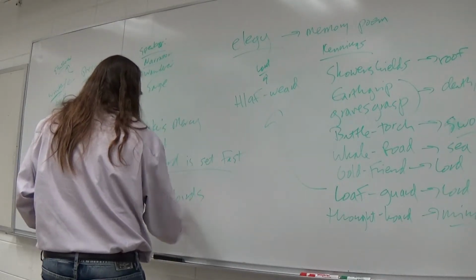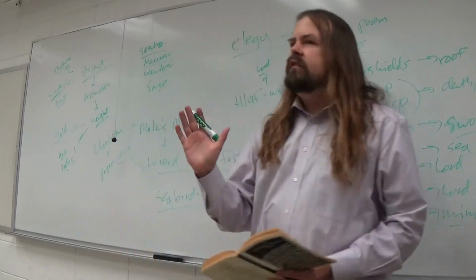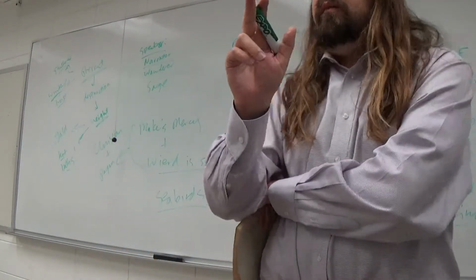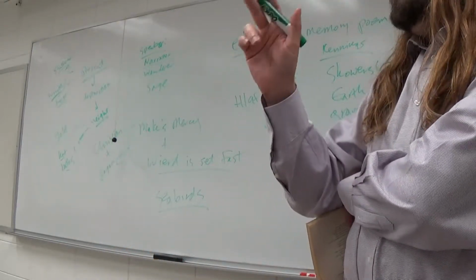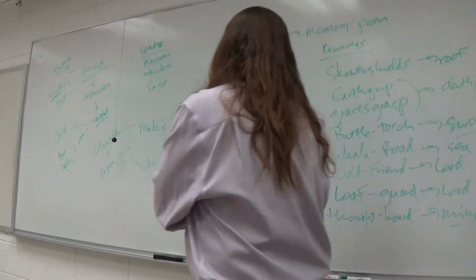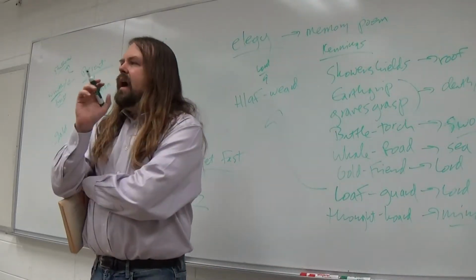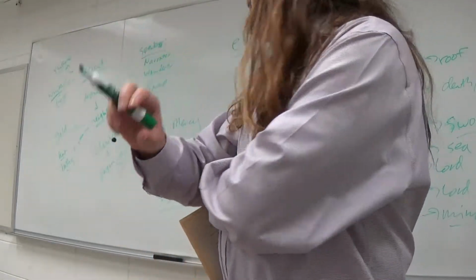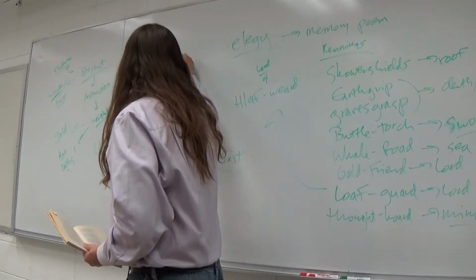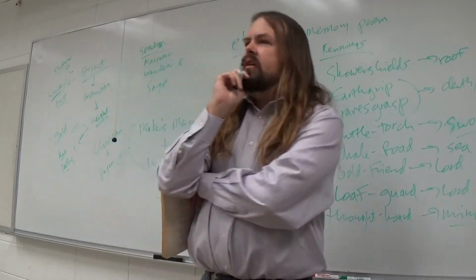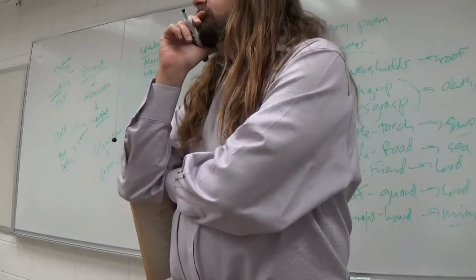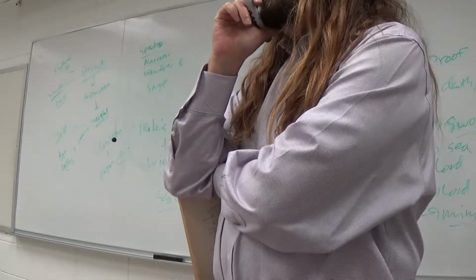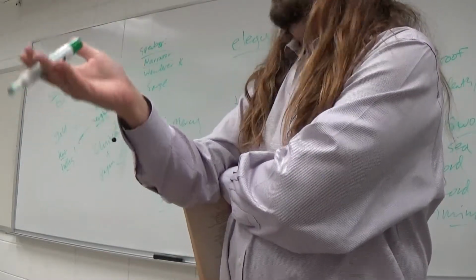And seabirds are a conventional image of the wanderer in a poem of this type. Why? What about a seabird seems to relate to this character's situation? How is he like a seabird? Yeah, he has no set place on land, right?